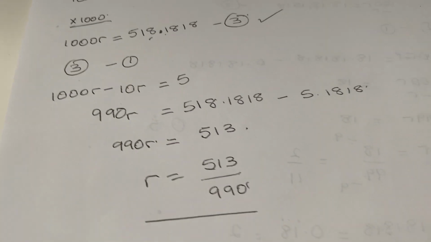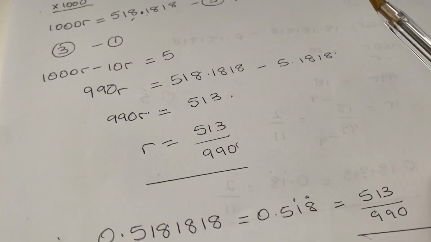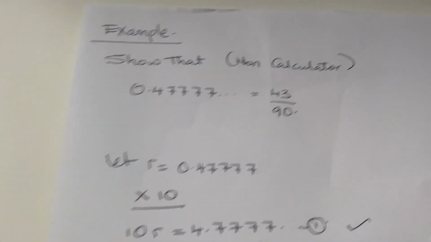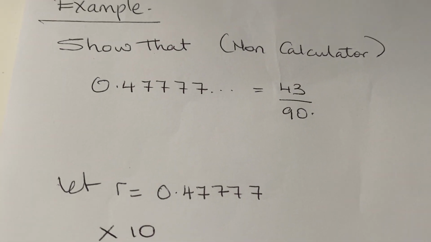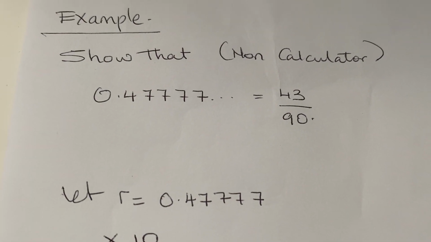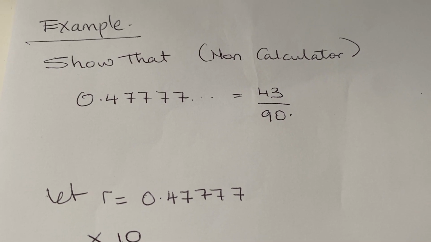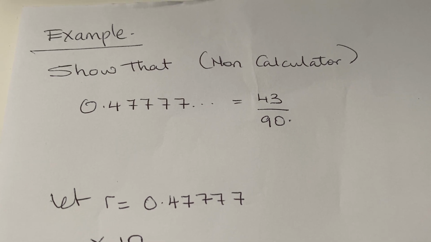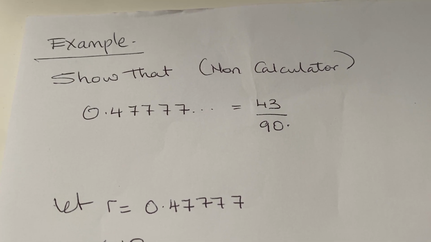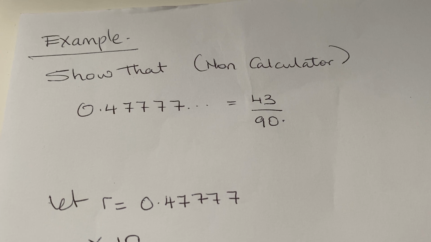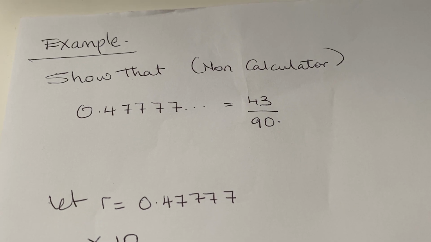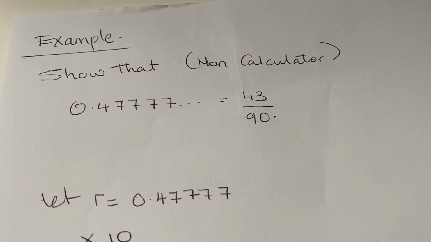So this is another non-calculator paper. Now let's look at another example. So we've been looking at terminating and recurring decimals, and we've been looking at the denominator to see which one would terminate, okay, and which one would recur.